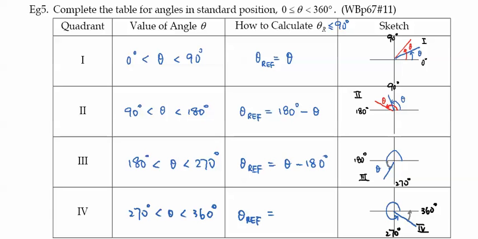If this is your reference angle, you will compare your angle in standard position with 360 degrees. And that will give us the reference angle here. So this is basically the summary of what we've learned today.